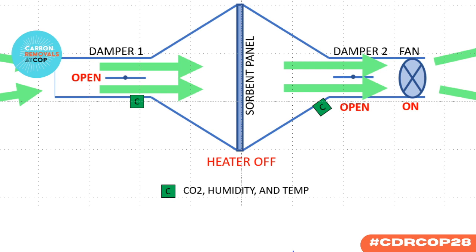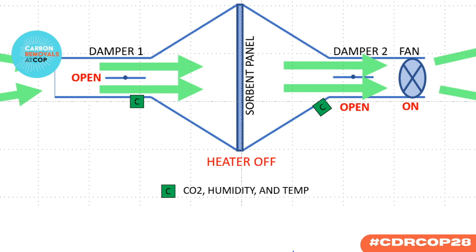You blow the air through for a certain amount of time, and the sorbent should ideally adsorb some carbon dioxide. And then in the next phase, Chris, do you have a desorption picture?